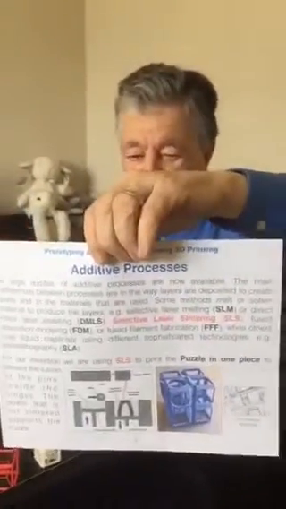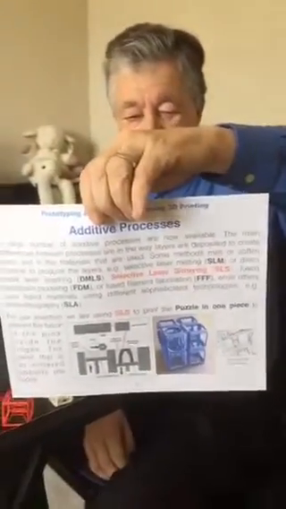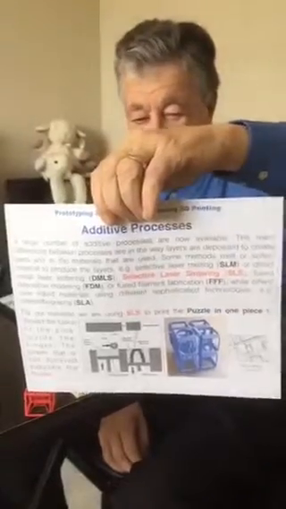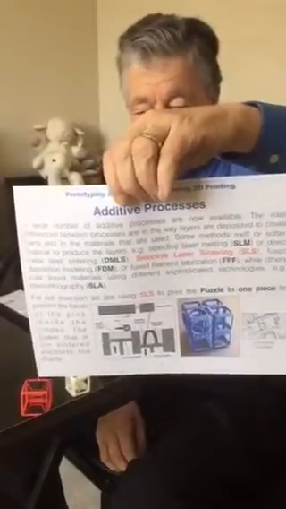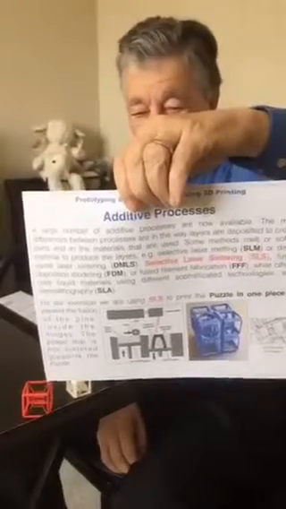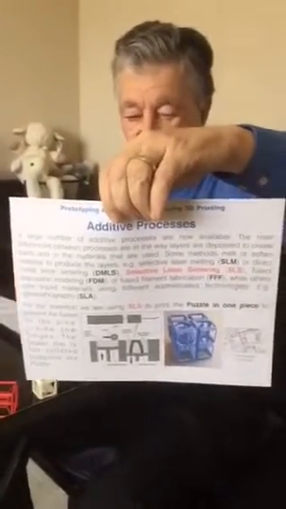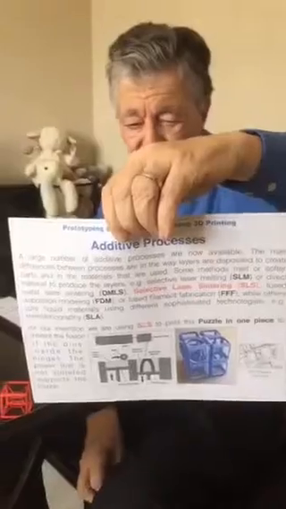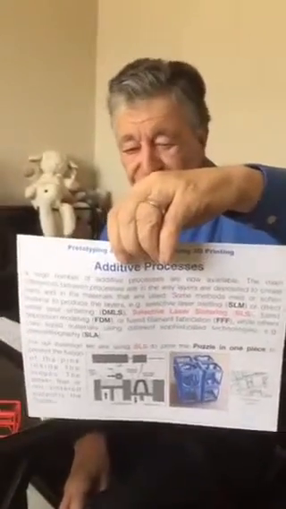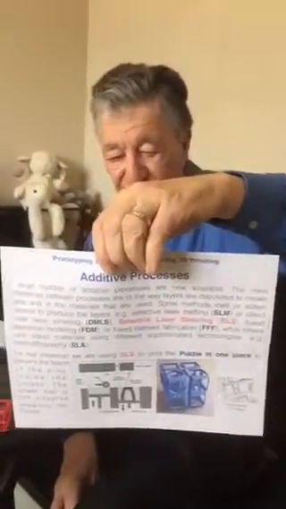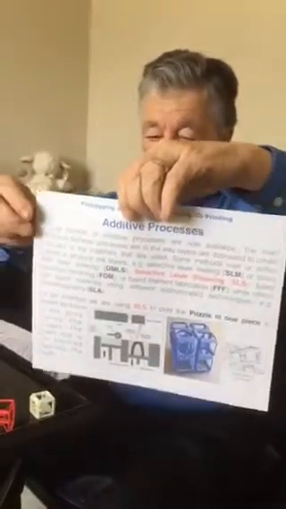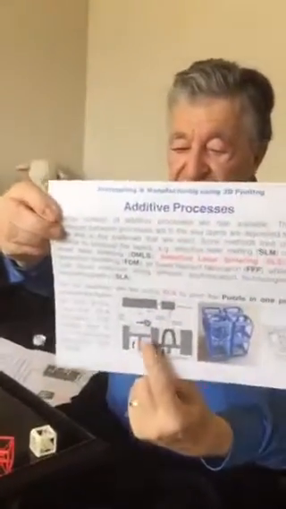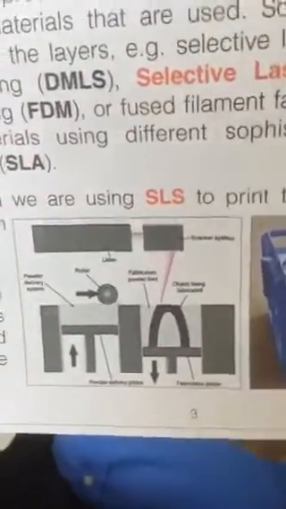There are different kinds of additive processes, and forgetting the technology, one is called SLS, which means selective laser sintering. I will explain later what it is. On that slide there is an SLS printer.